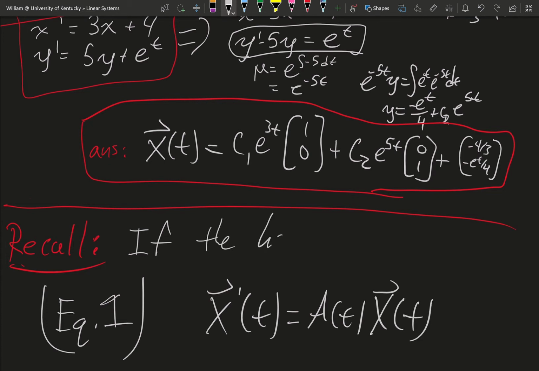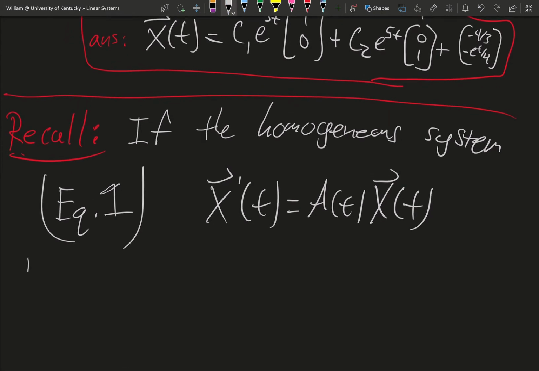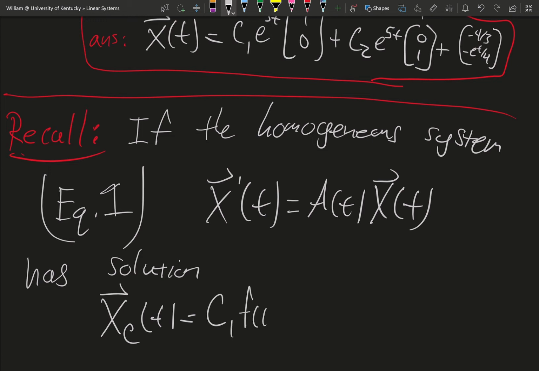So if the homogeneous system has solution, and I'm going to denote it by x of c because that c stands for complementary, which you may remember from when we did second order linear equations. So let's say it has solution c1 f1 of t times some vector v1, and then c2 f2 of t times some vector v2.